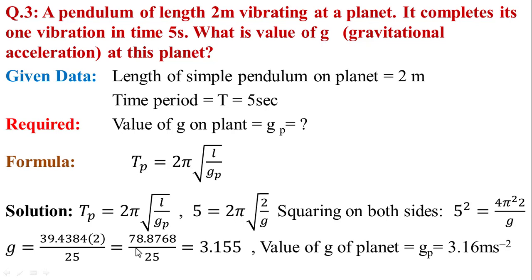That is equal to 78.8786 divided by 25, which is equal to 3.155. So the value of G on planet Gp is equal to 3.16 meter per second square. So the result is that the value of G at the planet is equal to 3.16 meter per second square.